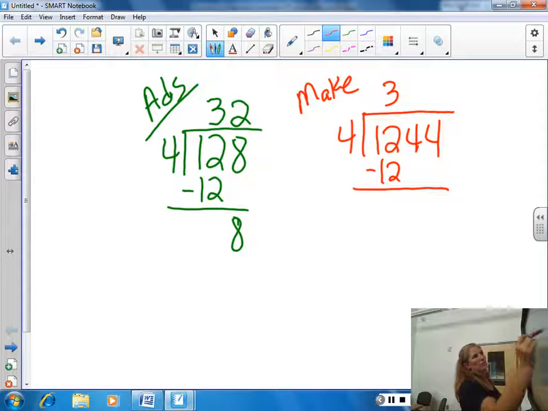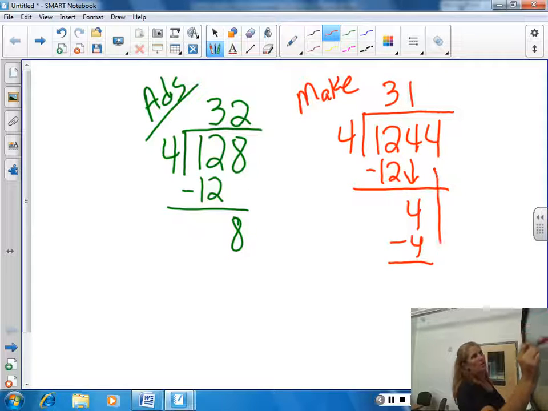Bring down the first 4. 4 goes into 4 1 time. Bring down the next 4. 4 goes into 4 1 time. And there's no remainder. So they each make $312.